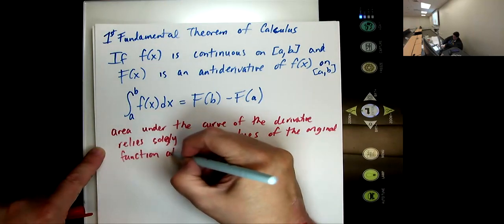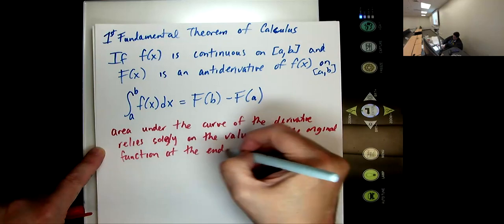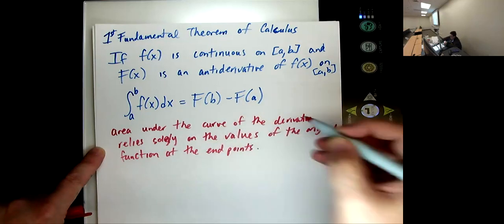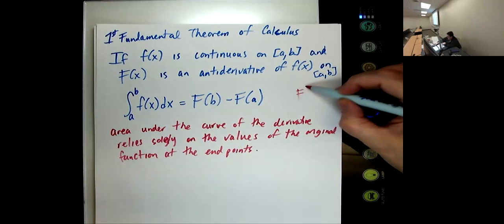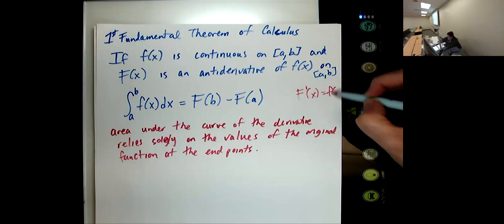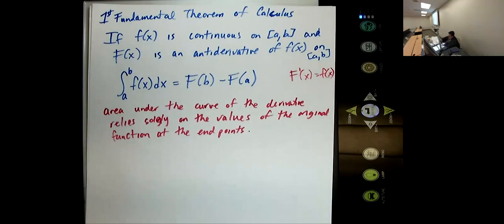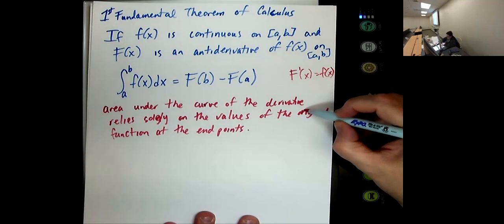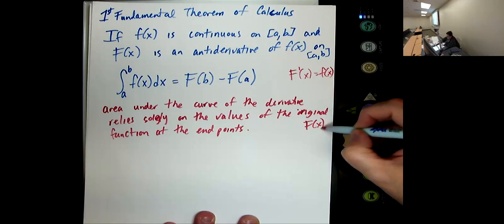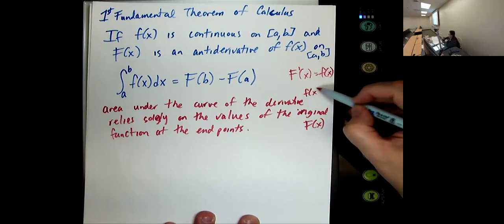Because remember, F prime of x is little f of x. That's what antiderivative means. So by original function, I mean big F, and the derivative is little f.